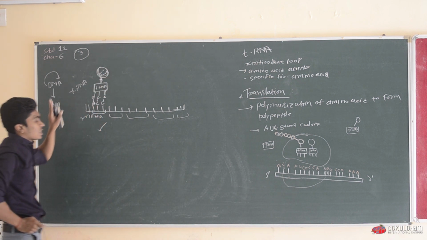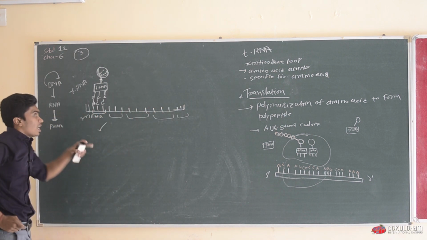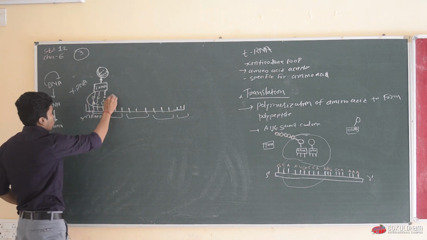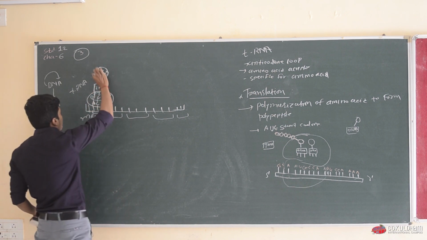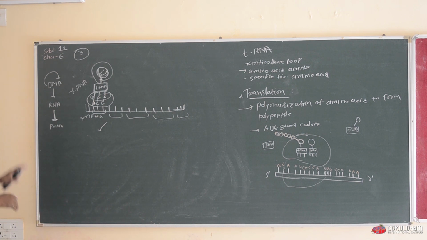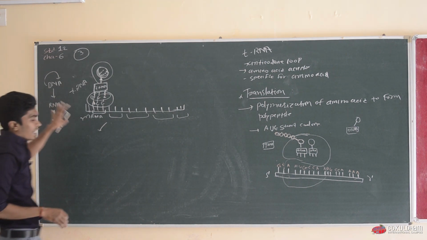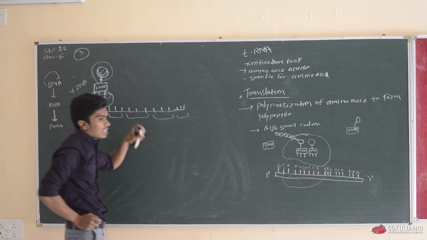Okay. Likewise, this tRNA has two different sides. The first one is the anticodon loop, and the other side is the amino acid acceptor. So this is about tRNA, which is the adapter molecule found in translation.